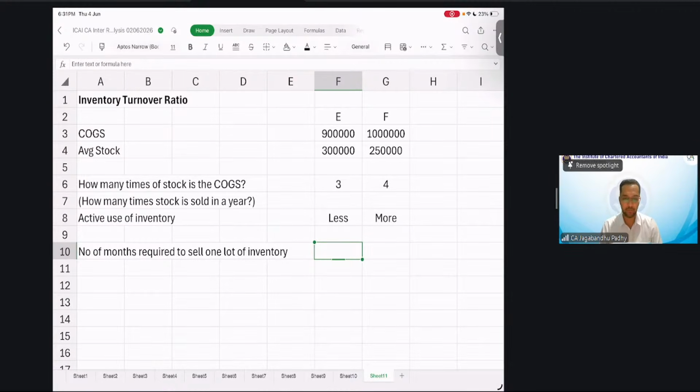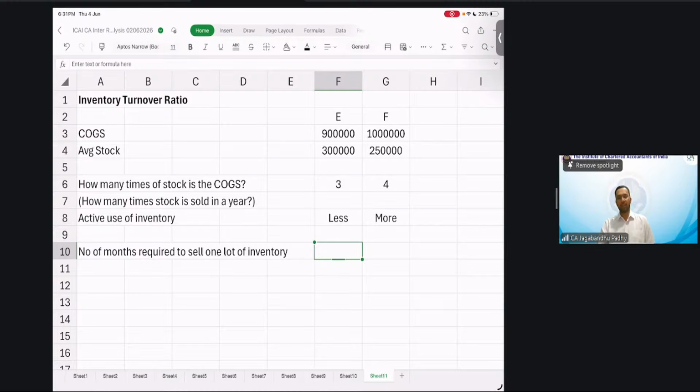Which one, E or F? Just try to tell me how many months you will need to sell one lot of inventory. Number of months required to sell one lot of inventory.